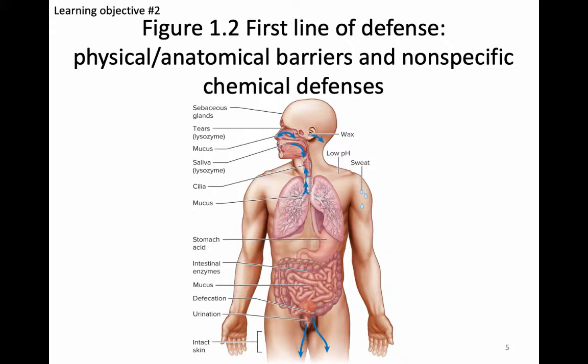Earwax is antimicrobial. Sweat, which causes the pH of the skin to drop and for the skin to be salty, will prevent growth of microbes. And then in the stomach, we have a very acidic pH where most microbes are unable to grow. So we generally have a release of substances like urine, feces, sweat, earwax, and tears, which will also prevent entry of microbes into the body.